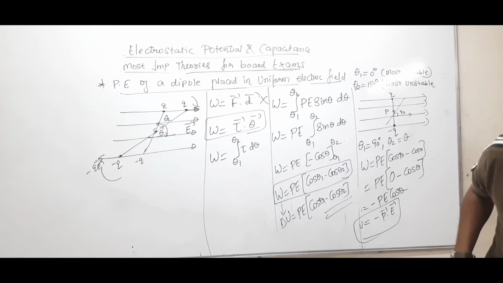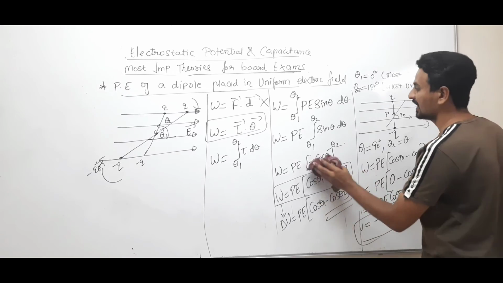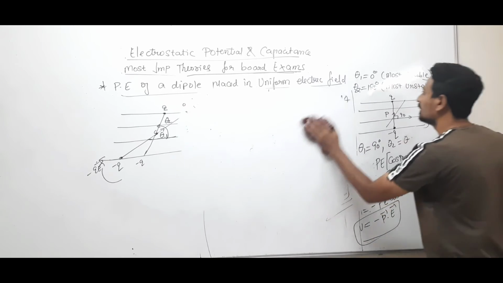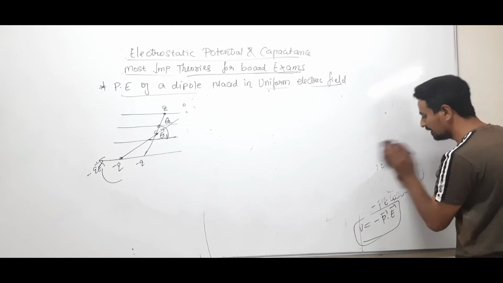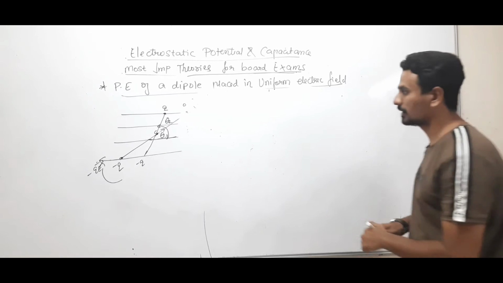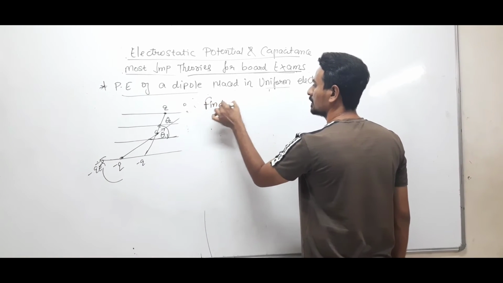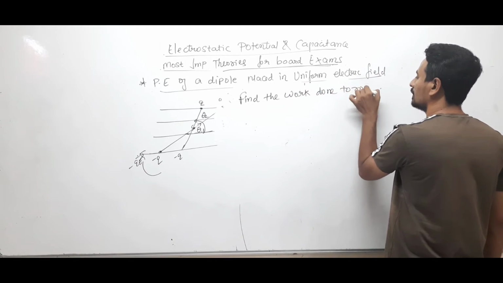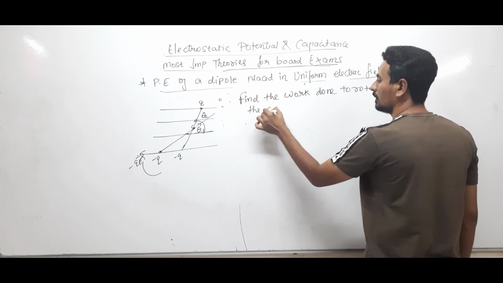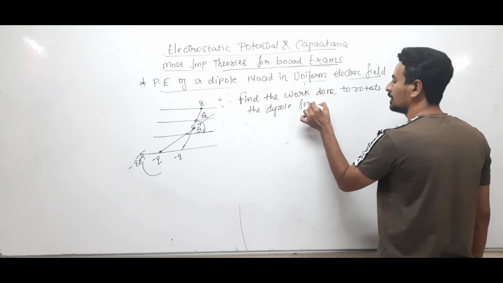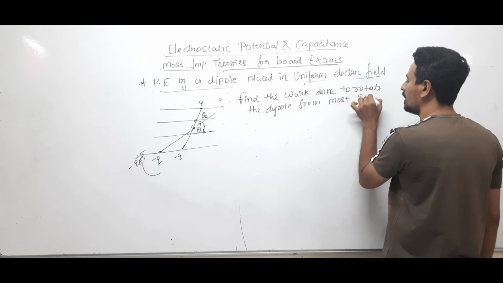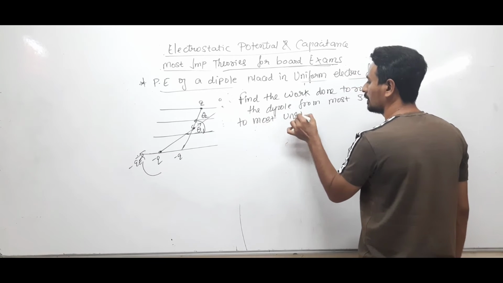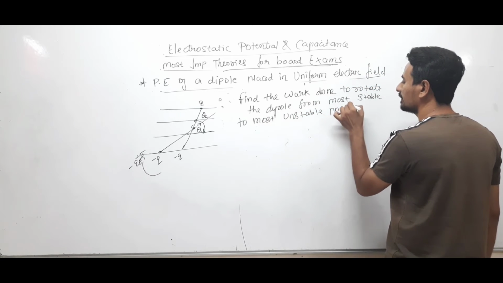See, if you are being asked to find the work done to rotate the dipole from most stable to most unstable position, you don't have to write these things in your paper.